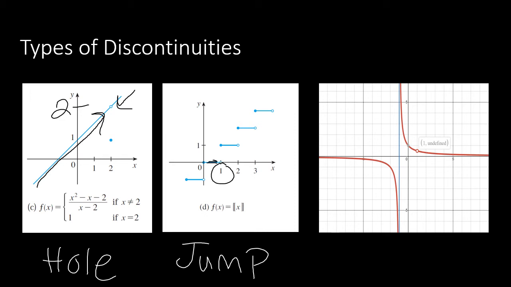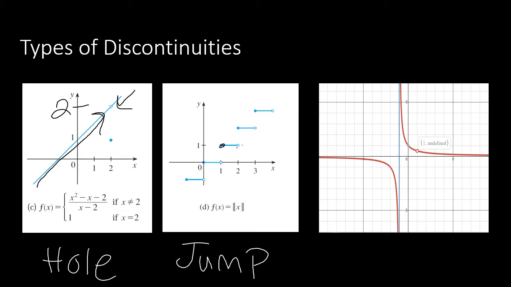But the right-hand limit starts here and approaches 1 from that side. So you can see that the left-hand limit for x equals 1 is 0, but the right-hand limit is 1. So that means that the limit does not exist. And also, there's a closed dot at the point 1, but the limits don't exist.